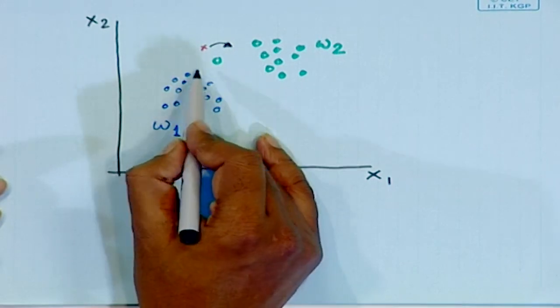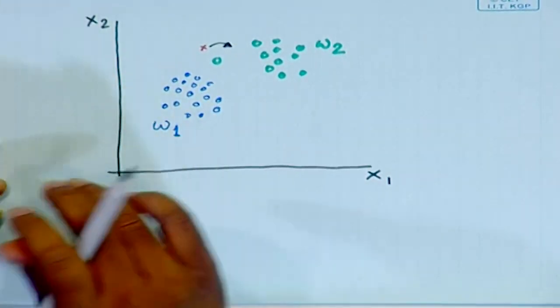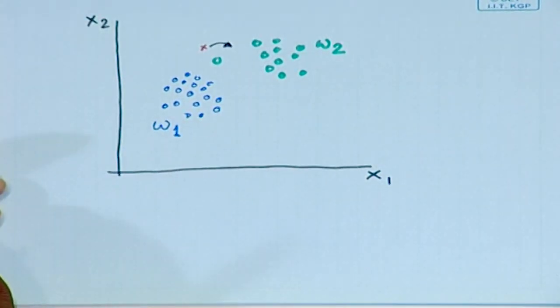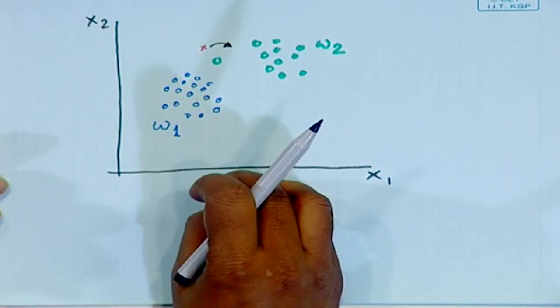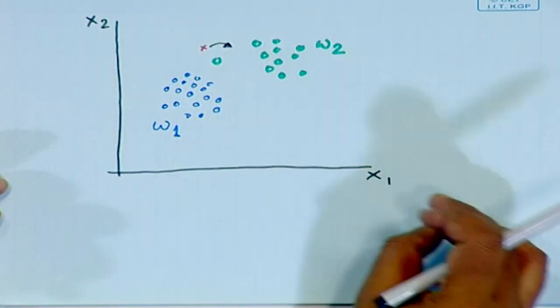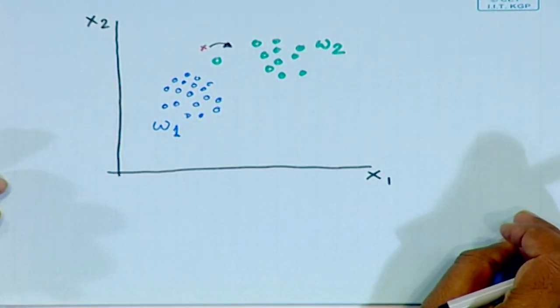But without looking at the density of the training samples, we are blindly classifying this unknown sample to the class of the nearest training sample. So this sort of nearest neighbor rule does not take into consideration the maximum probability of a class.